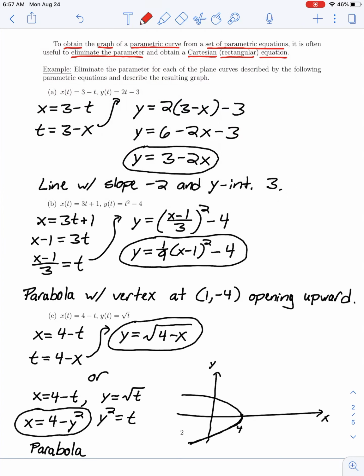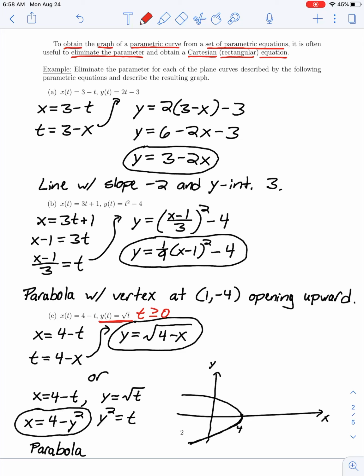Well, our equation for y was the square root of t. And in order to have real valued coordinates for x and y, we see that t would have to be non-negative. In particular, our y coordinates, which are the square root of t, well, if t is non-negative, then the square root of t would also be non-negative.